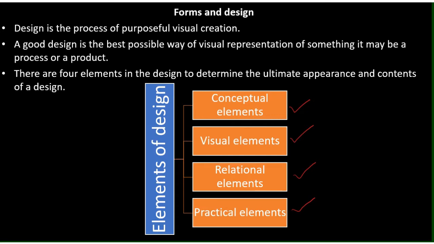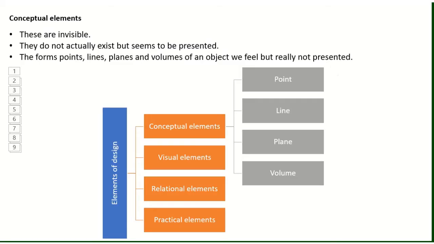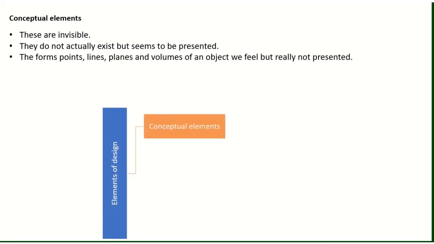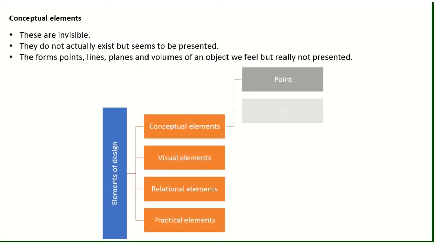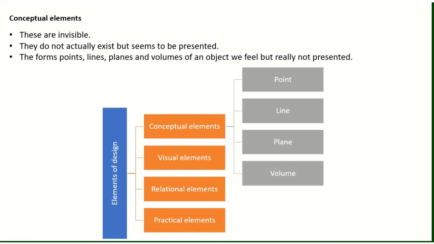For instance, we feel that there is a point, there is a line marking the contour of an object, there are planes enveloping some volume, and a volume is occupying some space. These are some of the points that a conceptual element will have. The conceptual elements may be a point, line, plane, or a volume.